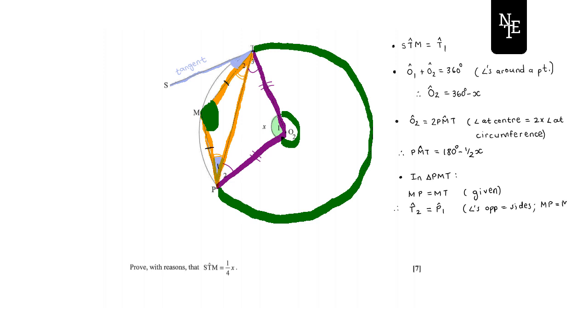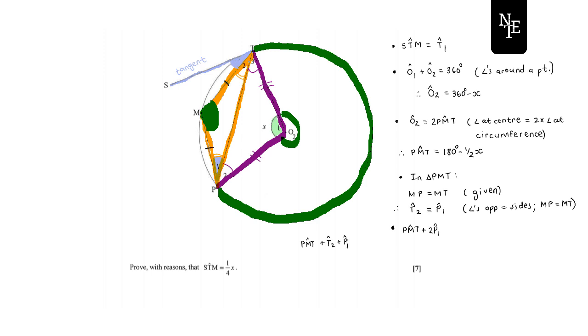Then we have the next statement that we can say: angle PMT, so this green angle, plus twice angle P1, because this comes from angle PMT plus angle T2 plus angle P1.